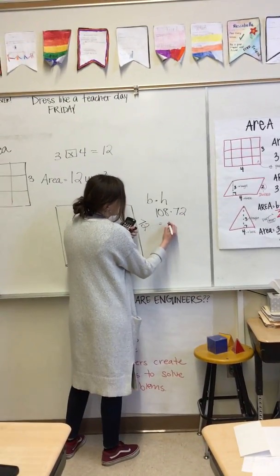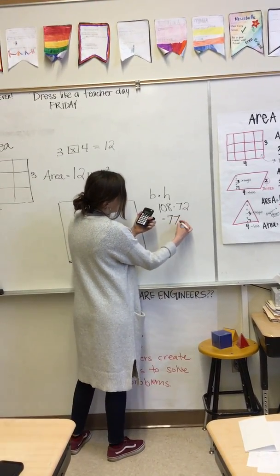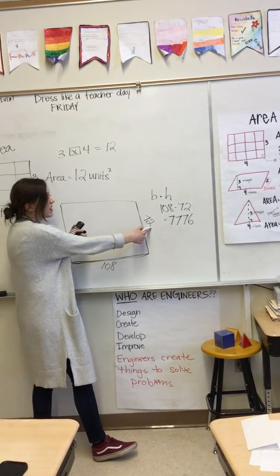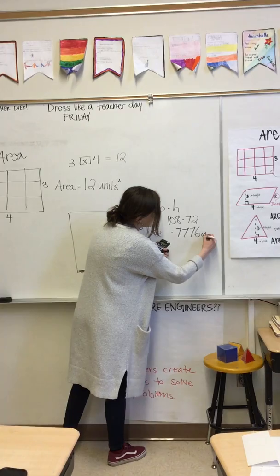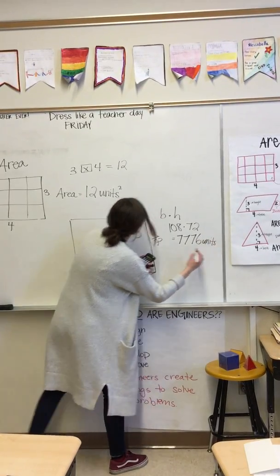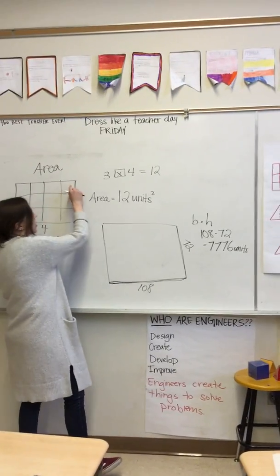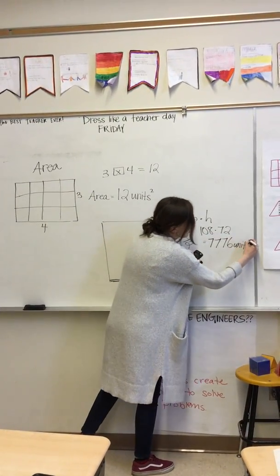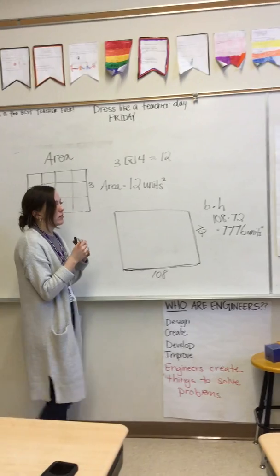So this is equal to 7,776. And since I didn't say this was feet or inches, I have to write units. And just like up here, I could have counted all the squares inside this, but I didn't because I used the formula. I have to show the square side.